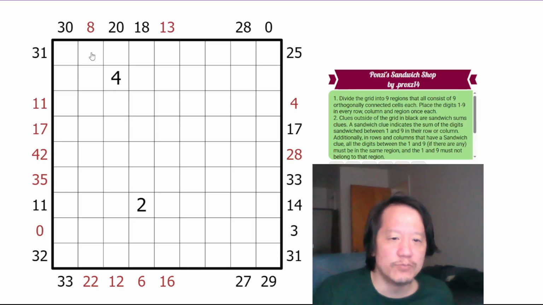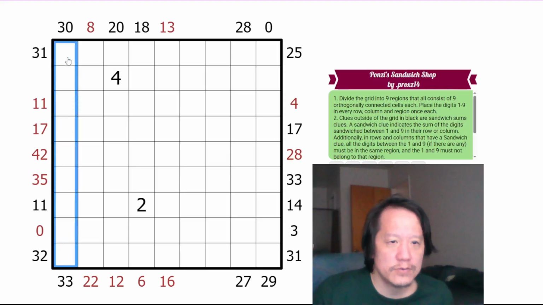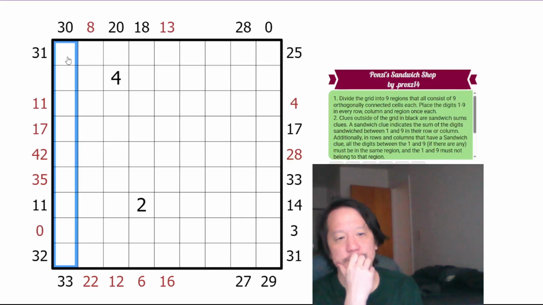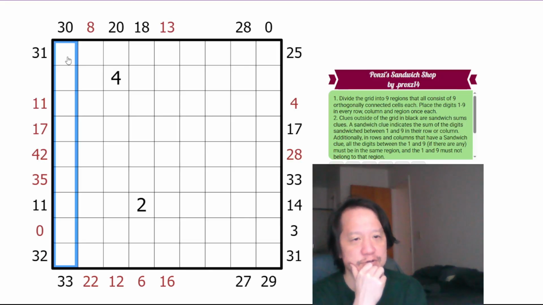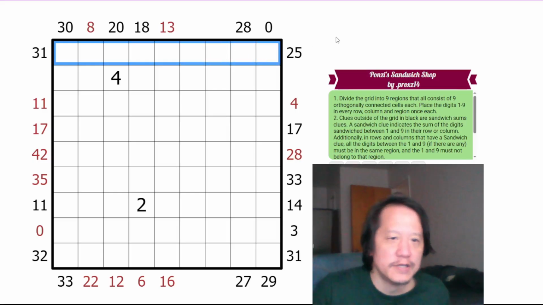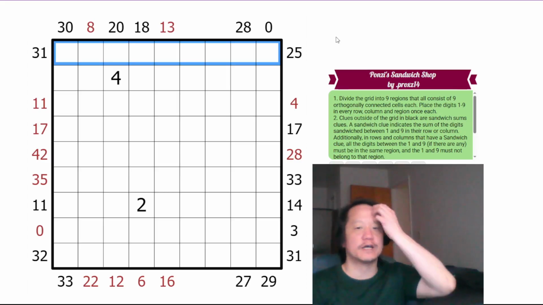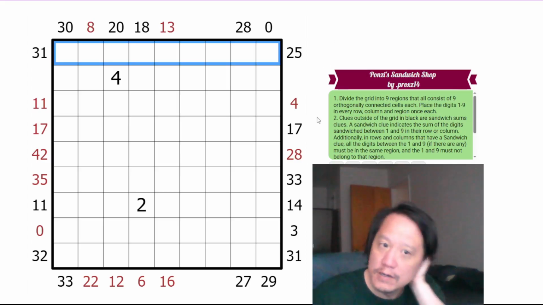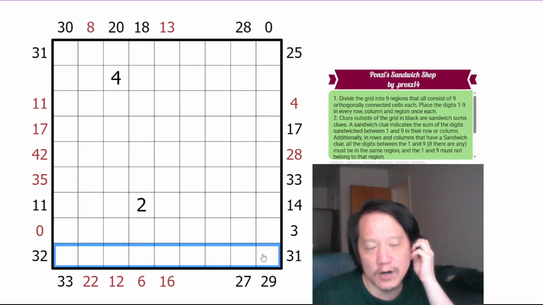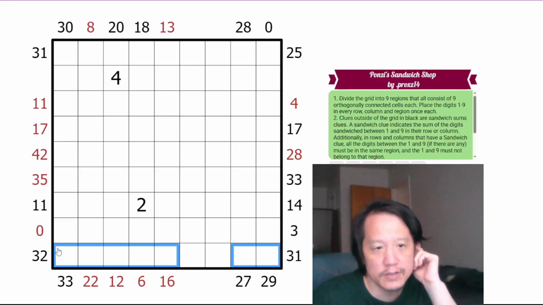So in column 1, the digits between the 1 and 9 add up to either 30 or 33. So that's guaranteed. Same with row 1: they either add up to 31, or they add up to 25 in between the 1 and 9. Same with row 9, 32 and 31.